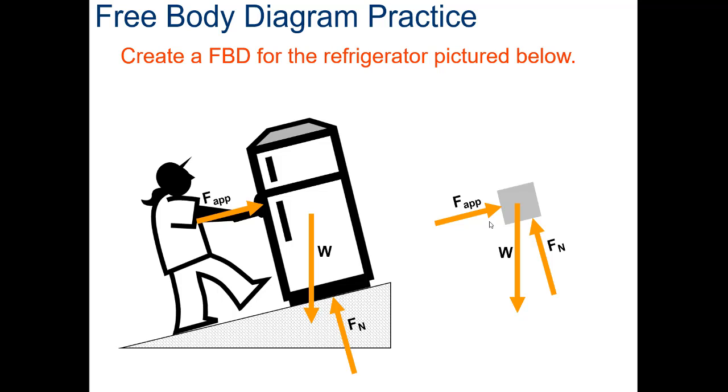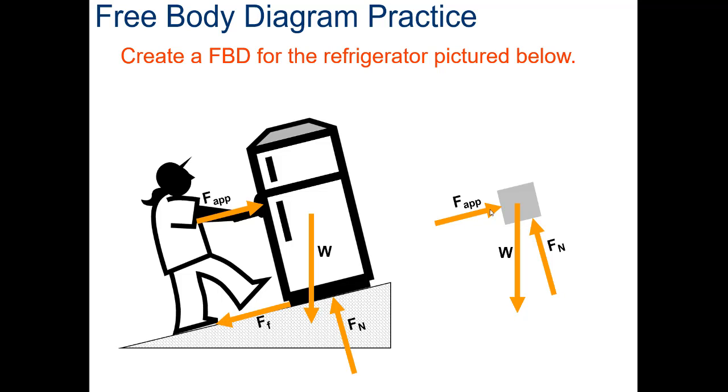So remember, a free body diagram is a diagram of all of the forces acting on an object. Here, the object is the refrigerator. So we need to know all of the things acting on the refrigerator. So far, we know gravity is pulling it straight down. We know the ramp is pushing it back up.